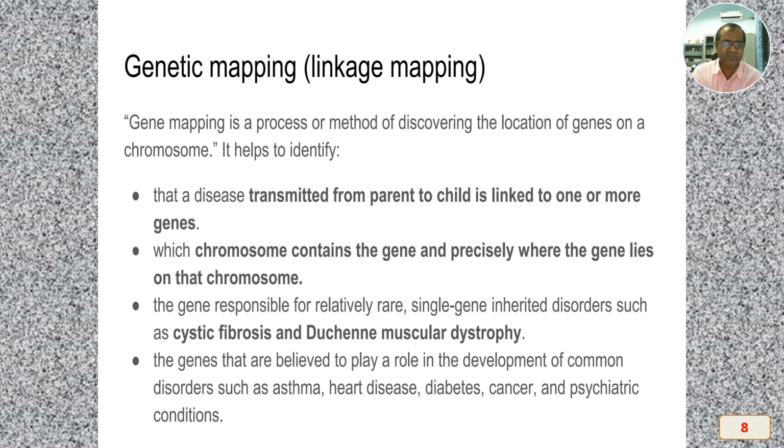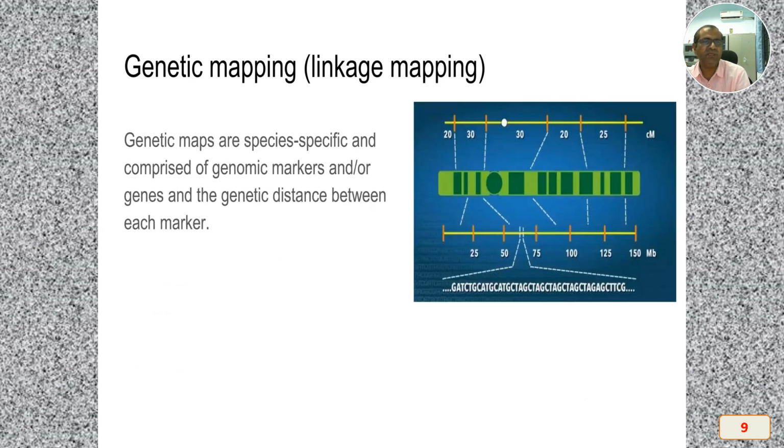The genes responsible for relatively rare single gene inherited disorders such as cystic fibrosis or Duchenne muscular dystrophy are also among the applications of gene mapping. Some diseases like asthma, heart disease, diabetes, cancer, and psychiatric conditions can also be mapped with gene linkage.